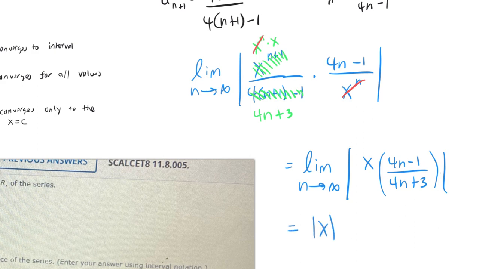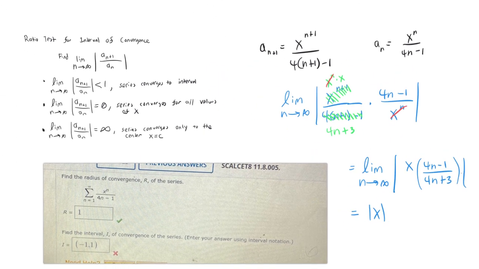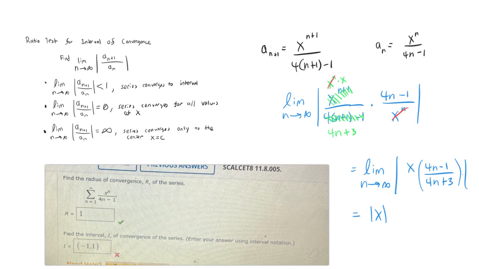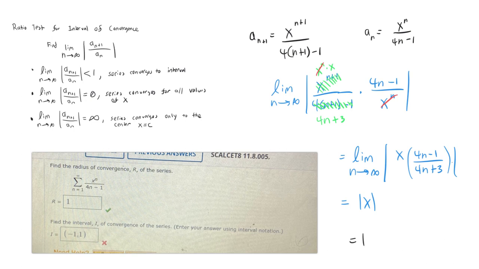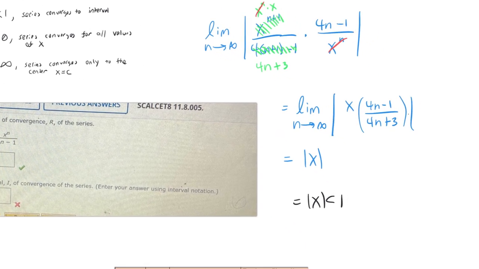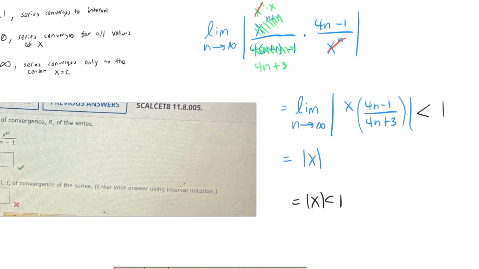Now, seeing as how that did not produce a 0, and that did not produce an infinity, we can therefore say that we're dealing with this scenario, and therefore we are going to set that less than 1. It turns out that this is less than 1. Another way of writing that situation is that x is going to be between 1 and negative 1.